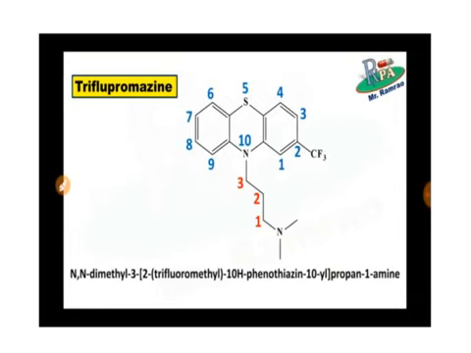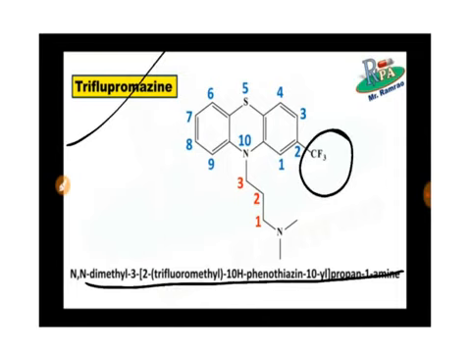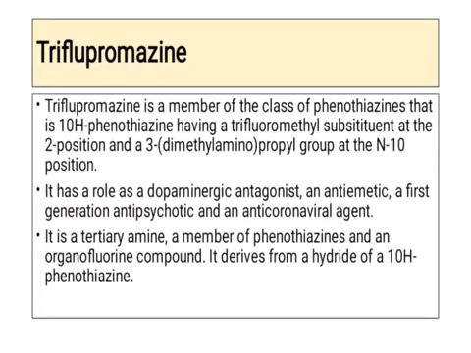The next drug is triflupromazine. Triflupromazine has a CF3 group. If Cl is present, it is chlorpromazine; if CF3 is present, it is triflupromazine. This is the IUPAC nomenclature for triflupromazine.